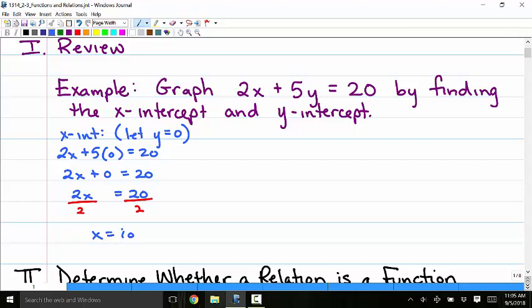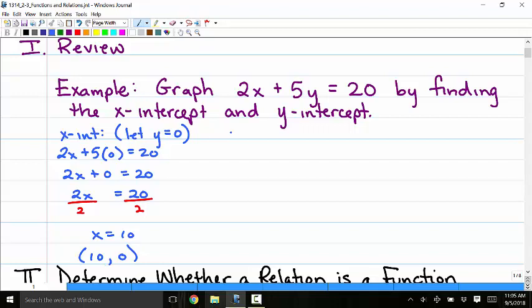You agree? Okay, the x-intercept is a point. So to tell me what a point is, you have to give me a coordinate, an x comma y. The x value is 10. The y value we said was 0. So the x-intercept is the point 10, 0.